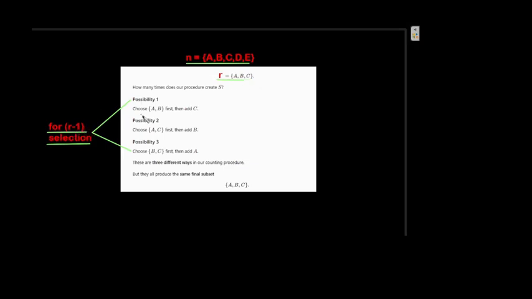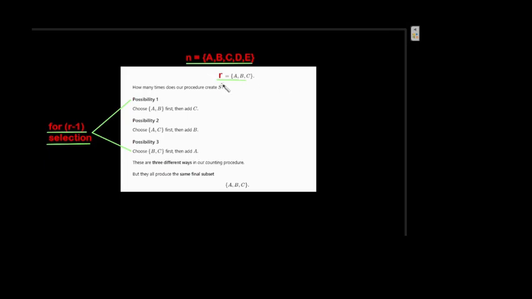If we choose 2 elements, let's say A, B first from the r set, then automatically the last element becomes C only. And if we choose 2 elements, second possibility, which is A and C, then automatically the last element becomes B only. If we choose B and C, then automatically the last element becomes A only.